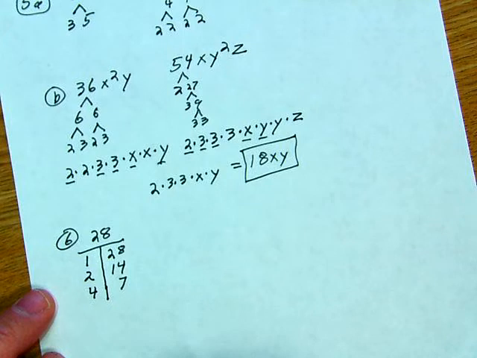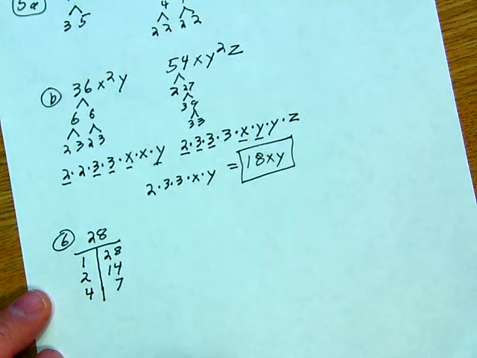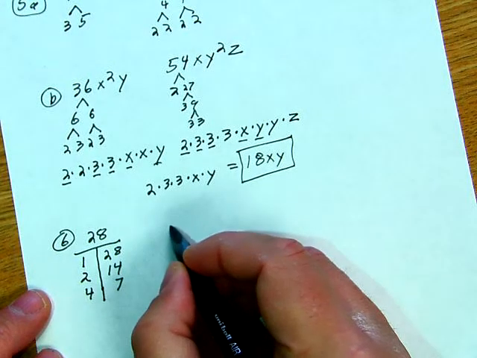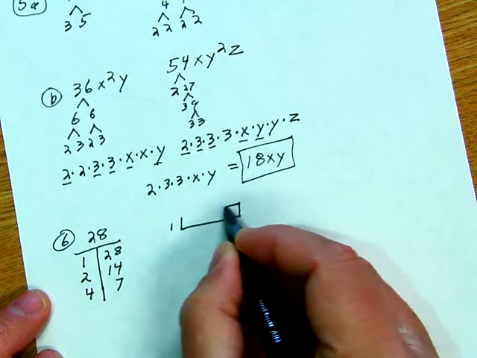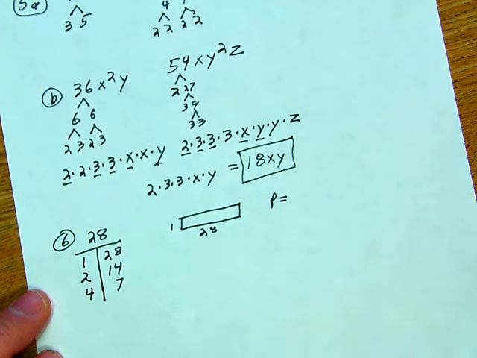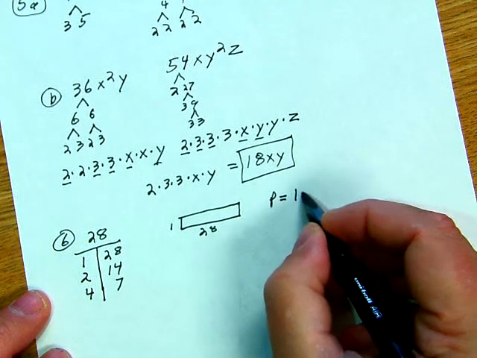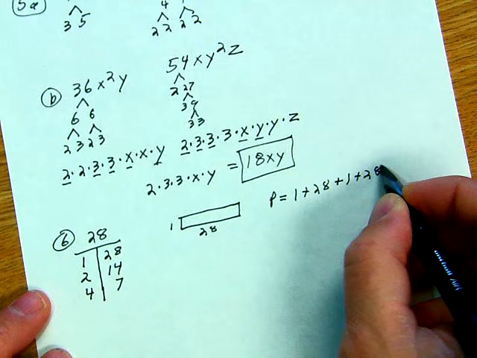Now the problem says if I was to draw for each one of these pairs of factors a box model, a rectangle that was 1 high and 28 long, what would be the perimeter of that? Well, the perimeter would be 1 plus 28 plus 1 plus 28.